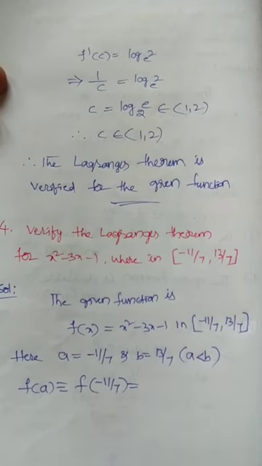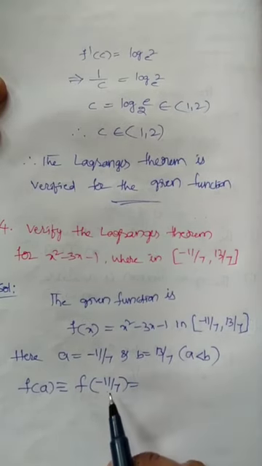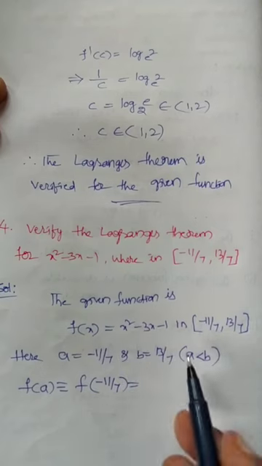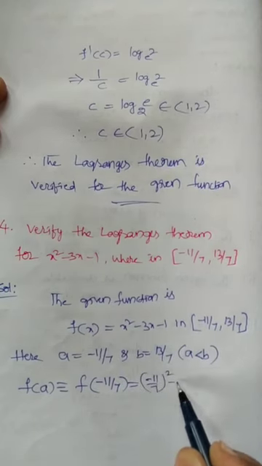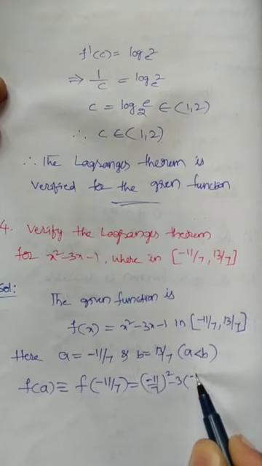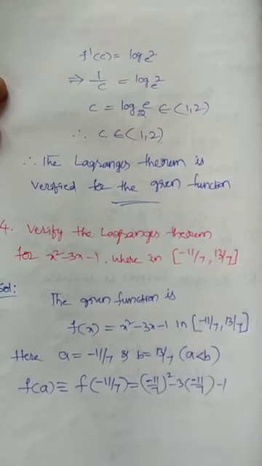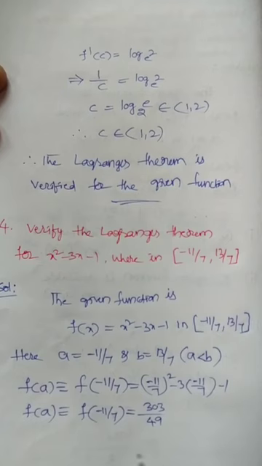Substituting minus 11 by 7 in this equation, minus 11 by 7 whole square minus 3 into minus 11 by 7 minus 1. By simplification I get f of minus 11 by 7 value as 303 by 49. So f of a I got 303 by 49.